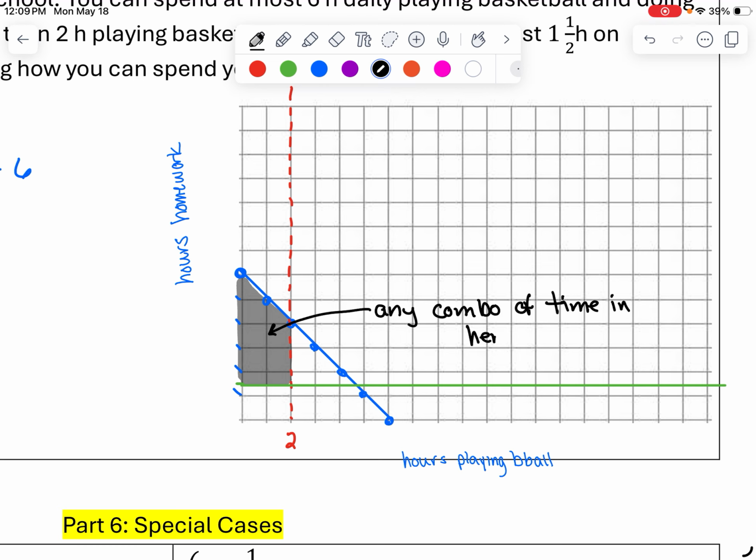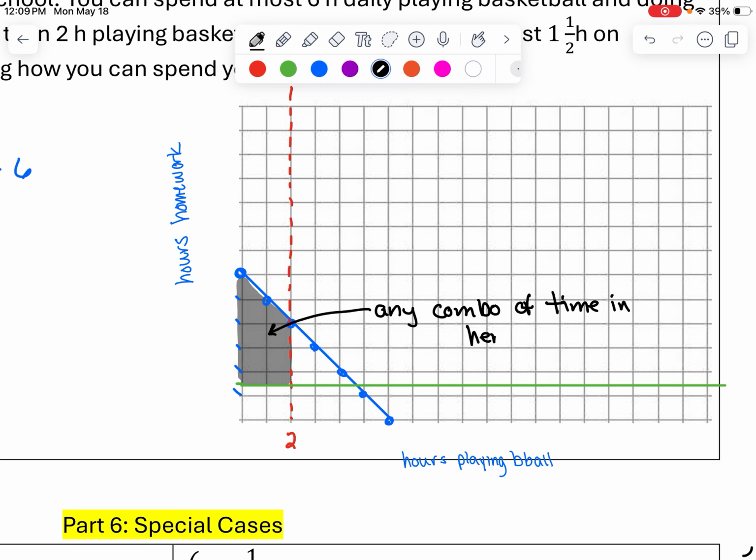So you can, for example, do 1 hour of playing basketball and 2 hours of doing homework, and that would satisfy everything. Just so you guys know, anything on the red line, not an answer. Okay, because it's broken. Anything on the green line and the blue line is totally fine.